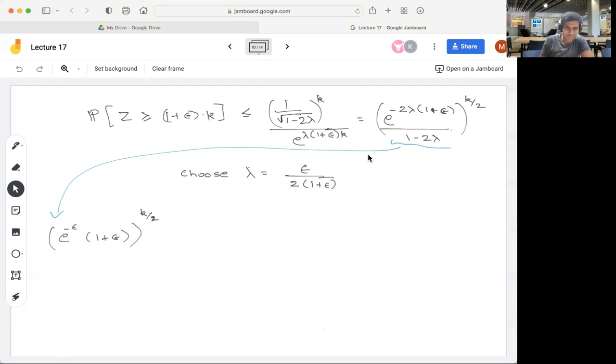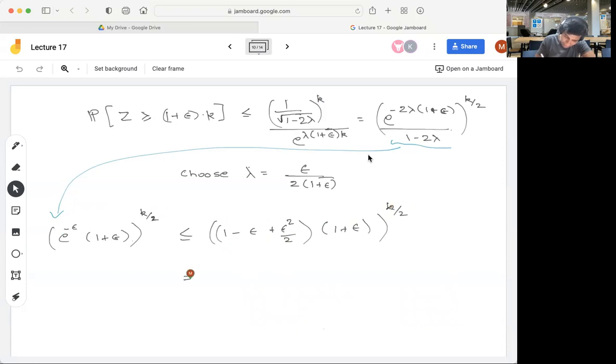We can simplify a little bit further. Using the Taylor expansion of e to the minus epsilon, we can say that this is less than or equal to 1 minus epsilon plus epsilon squared by 2, times 1 plus epsilon, to the k over 2.